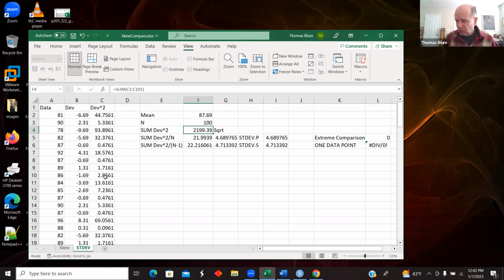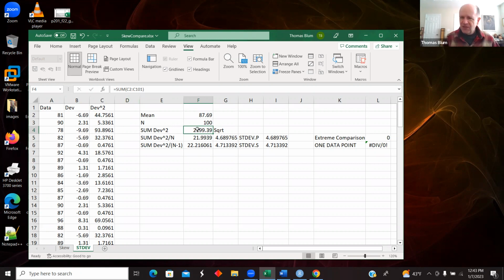So I'm adding them up and then I'm going to divide. The distinction comes in what I divide by. Because I got there by squaring, I'll undo that in the end by taking the square root. But at this stage, I have summed the squared deviations.